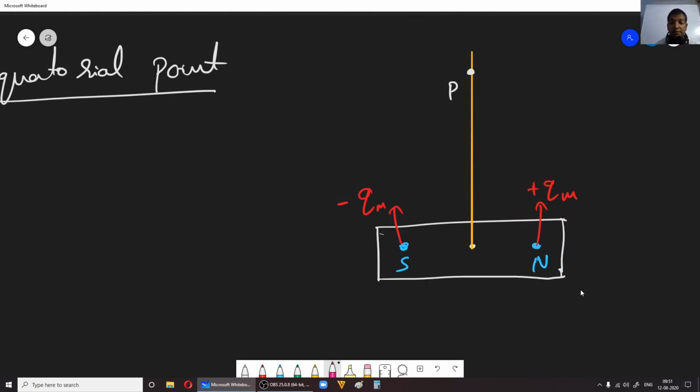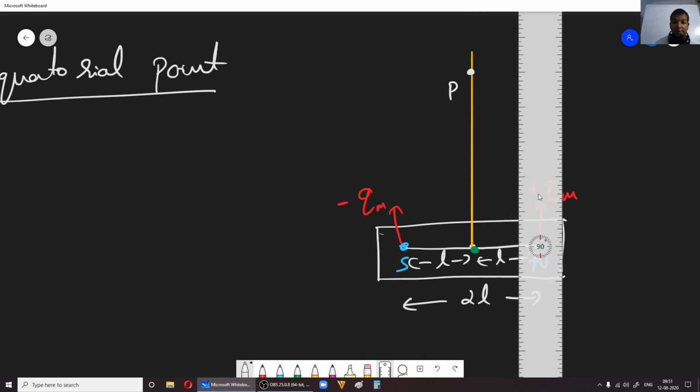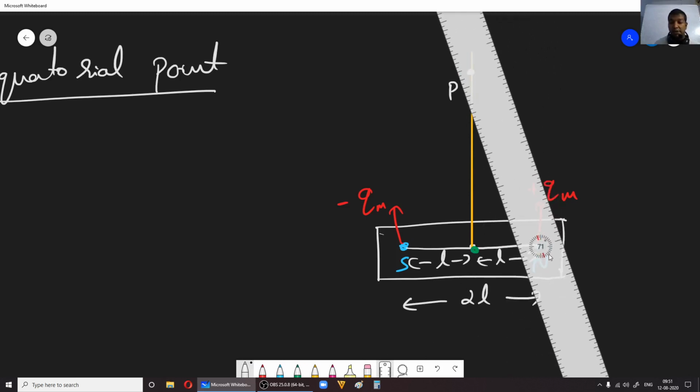Now let us try to see the magnetic field due to north pole and south pole, the same thing whatever you have seen in your electrostatics. Say the separation between the north pole and south pole is 2L, so from the center to north and center to south it would be L and L. Coming to the magnetic field due to the north pole, it will be somewhat like this.